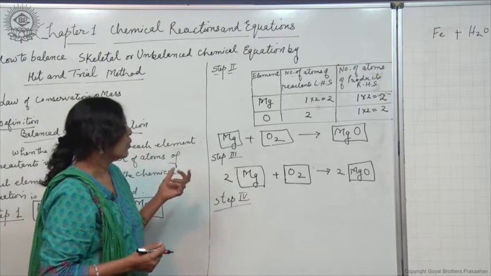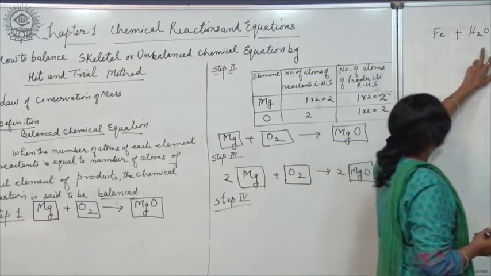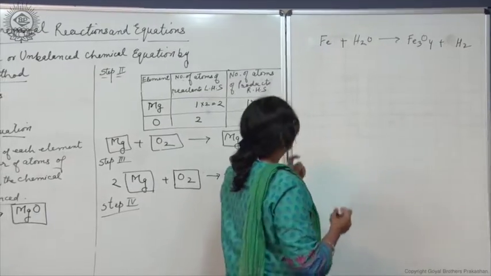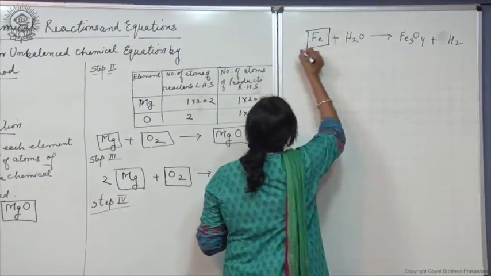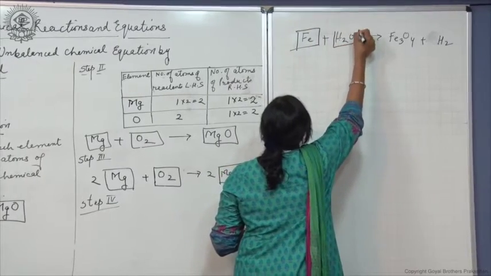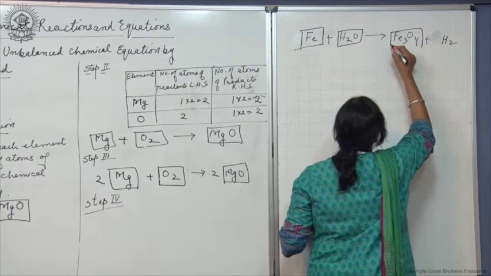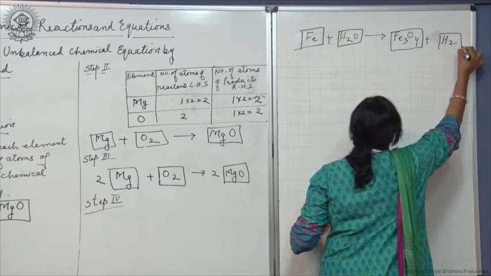Let us take one more example. Fe plus H2O gives Fe3O4 plus H2. In this case also, first of all, make boxes outside the formulas or the symbols.